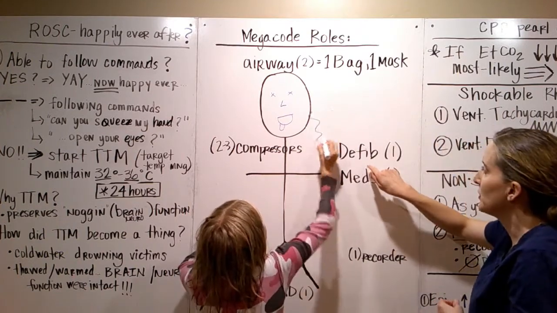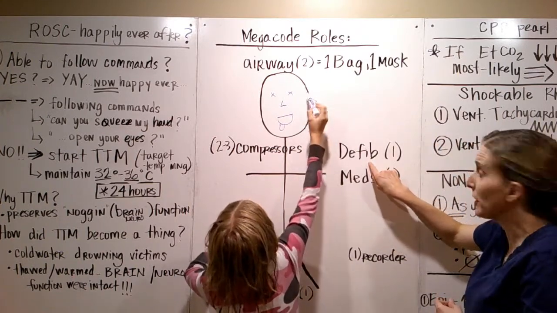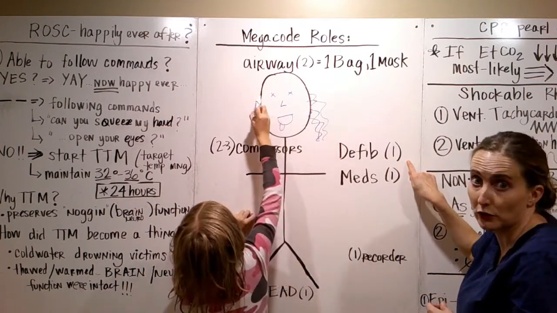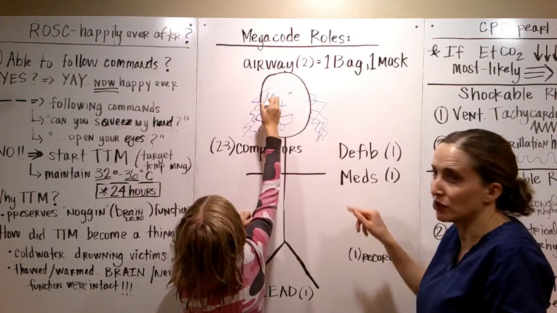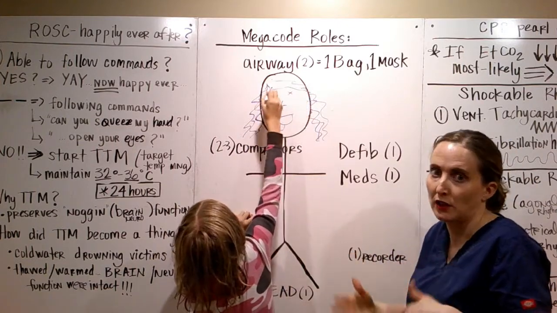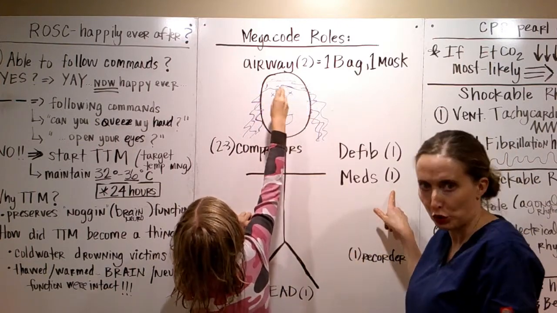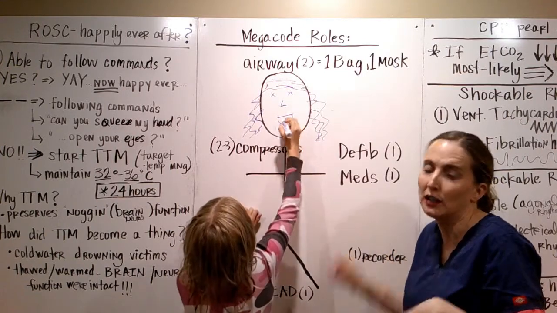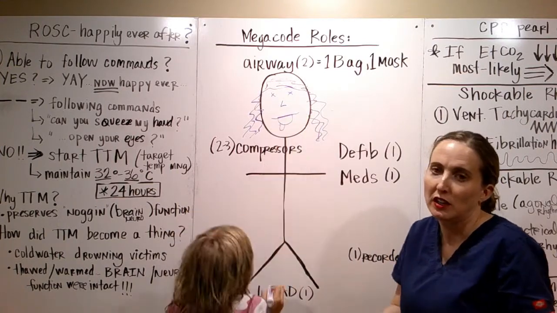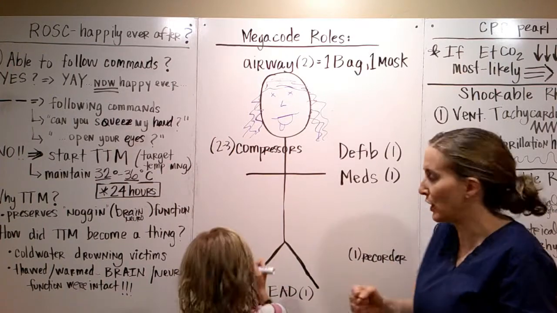Then we have somebody on the defibrillator, charging and shocking, right? Then we have someone doing medication, whether that's drawing up meds or pushing meds, and you can have one or two people doing this because it happens rather fast. Someone can be getting it ready and handing it to the medication person, who hooks it up, then flushes it, right?